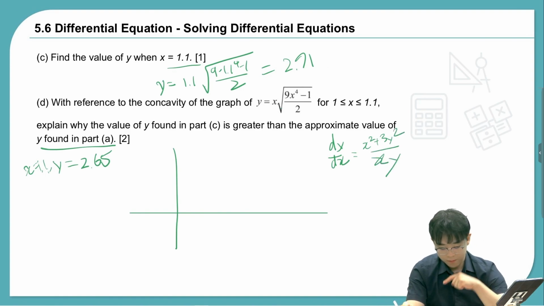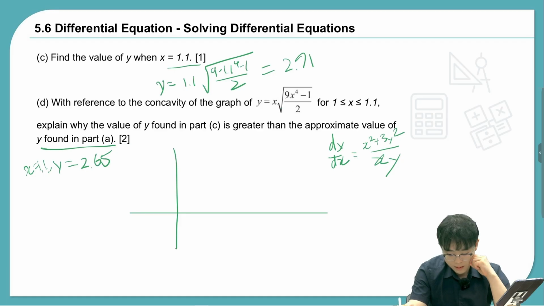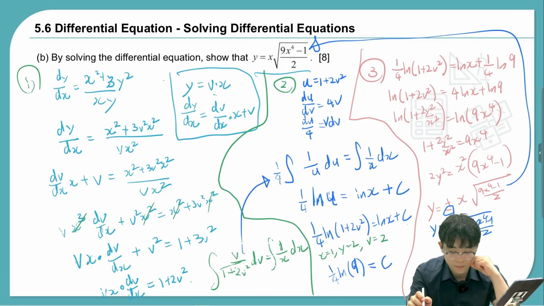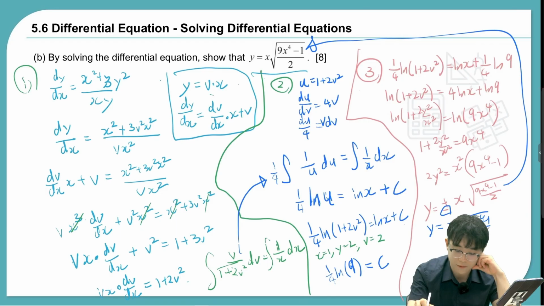So if we were to look at d squared y over dx squared, so if you were to differentiate that once more, then we would recognize that it's all just positive. So it would be concave up.